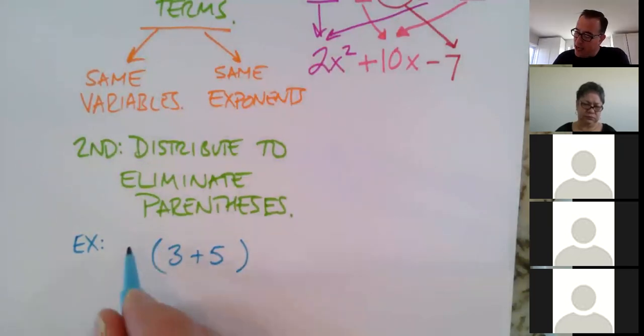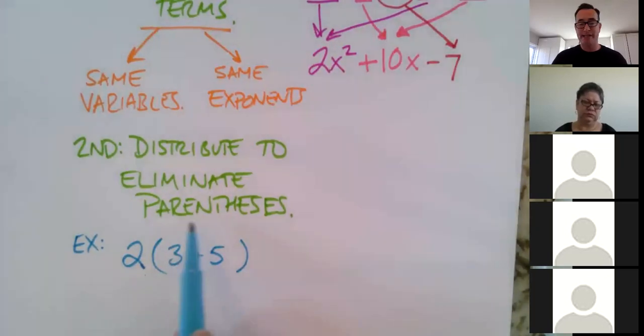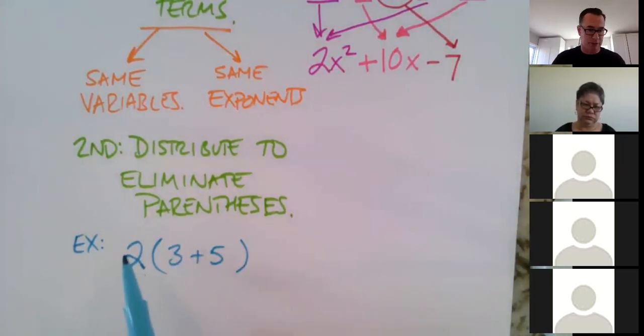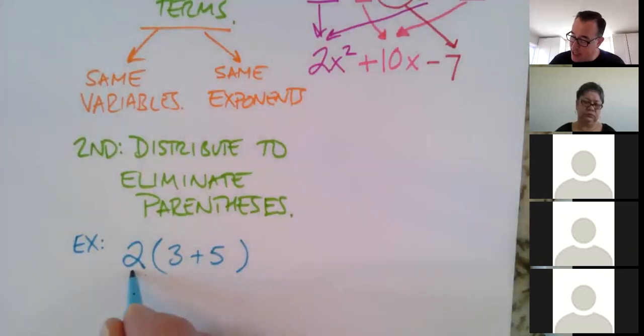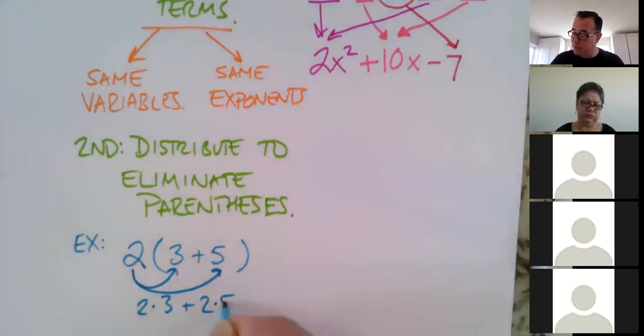If I have a number on the outside here like a 2, when we did order of operations or PEMDAS, we said first you add this together and then you multiply. And that's fine. But when we talk about the distributive property, another thing you can do is to take that number from the outside and multiply it with both. And this would be then 2 times 3 plus 2 times 5.